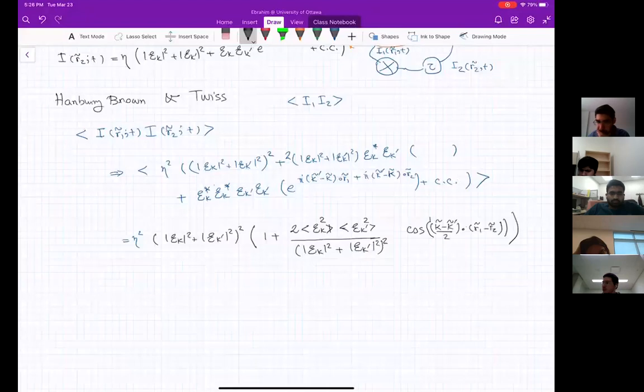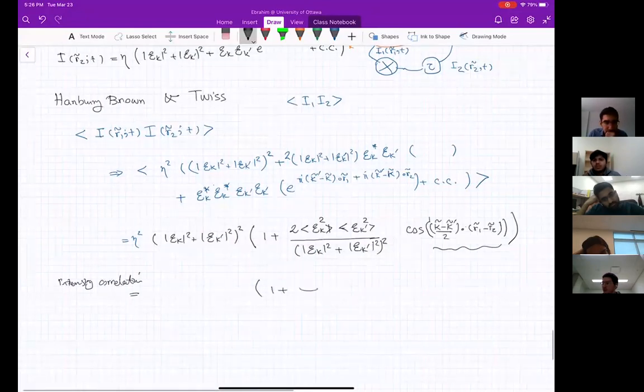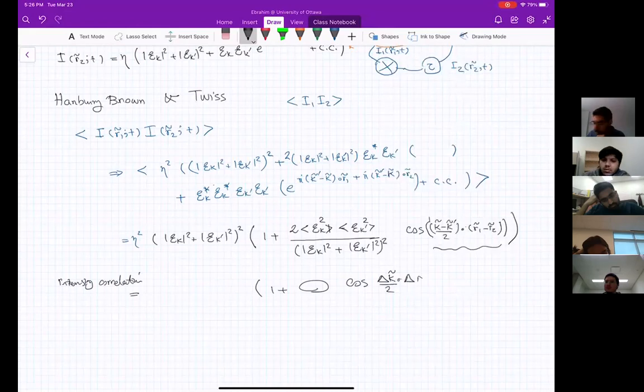Okay. So if we do the mathematics, what we will get essentially in intensity correlation, we get only the lower frequency term, which is 1 plus a coefficient of cosine of delta k divided by 2 times delta r.